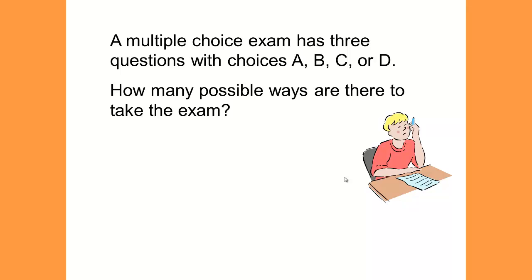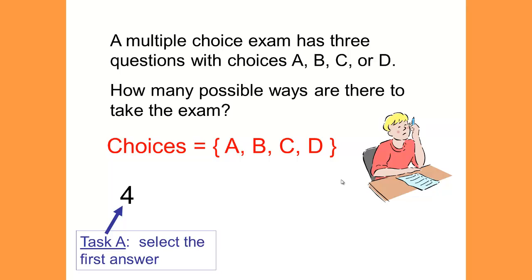A multiple choice exam has 3 questions with choices A, B, C, or D. How many ways are there to take the exam? Well, our choices for our answers are A, B, C, and D. Task A is to select the answer for the first question.